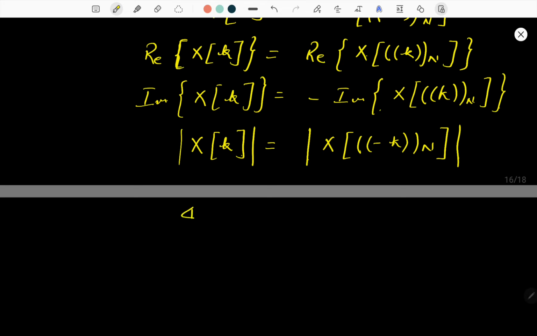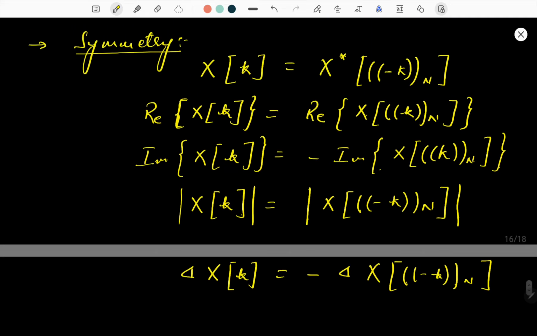The angle of X(k) should be equal to minus the angle of X(minus k).